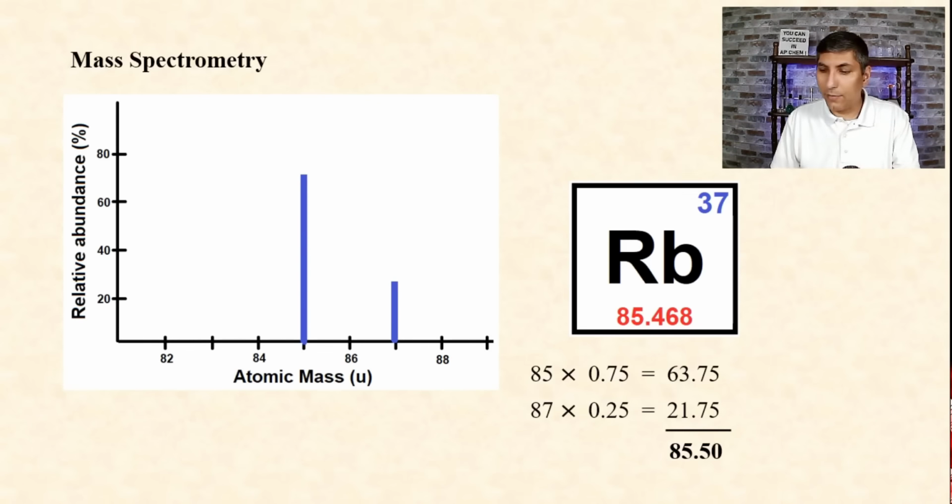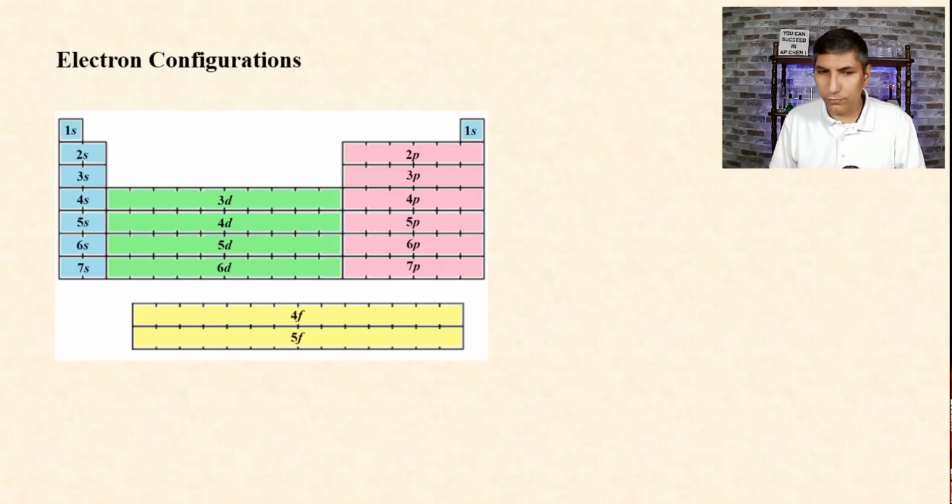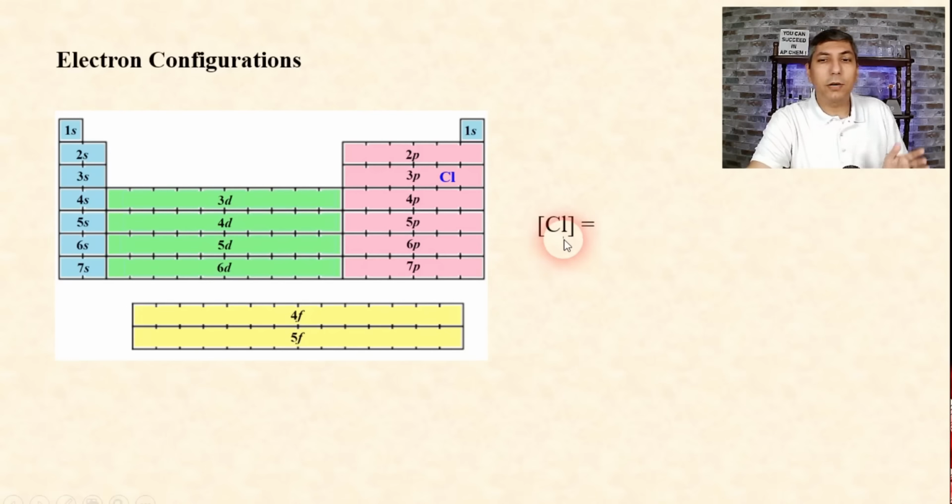Now let's take a look at electron configurations. It's important to be able to write electron configurations. Now, of course, they're not going to give you this graphic on the exam, but if you're familiar with that, you're going to be able to write an electron configuration for any element that they could throw at you on this exam. For example, if we're trying to write the configuration for the chlorine atom, remember, we always start at the beginning of the table and we work our way through every sublevel, through every section until we get to our goal.